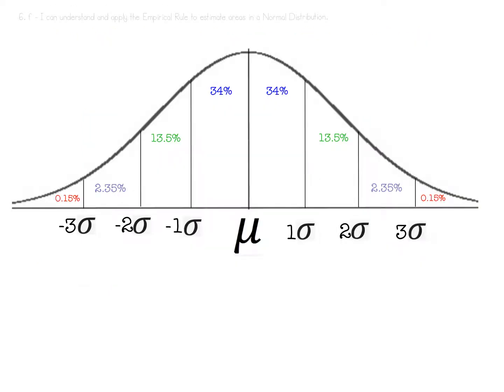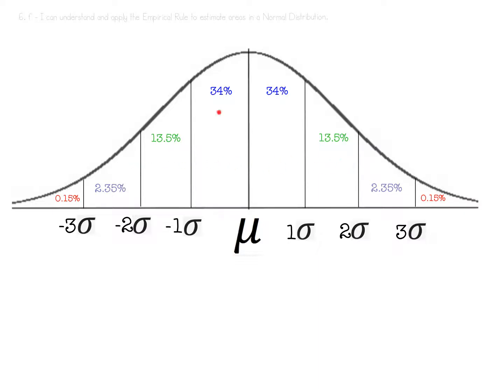So putting that all together in a more visually appealing style, we see that these are the different percentages that fall in the different spaces. And so we can always check, because 1 standard deviation of the mean is going to be 34 and 34, which is 68. So that's the first part. 13.5 plus 34 plus 34 plus 13.5 gives me 95, which 95% of my data is between 2 standard deviations.